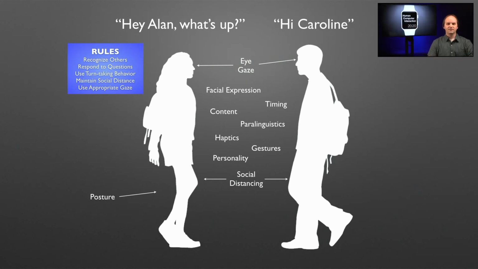There have been people who have spent a lot of time studying all of these things. We know a lot about the nonverbal aspects of communication here: gestures, posture. I have social distancing here. I should say that I made this slide before social distancing meant what it so commonly means today.